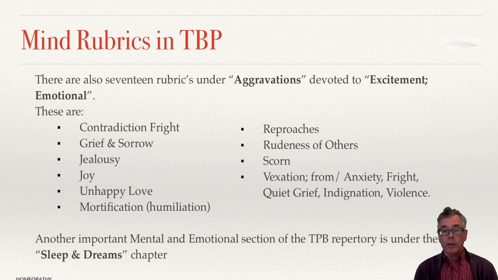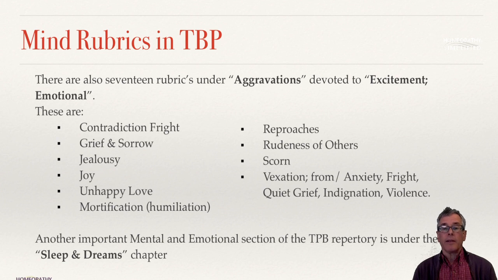And there are also 17 rubrics useful under the aggravations, excitement, emotional. And then we see the subrubrics: contradiction, grief and sorrow, jealousy, joy, unhappy love, humiliation, reproaches, rudeness of others.